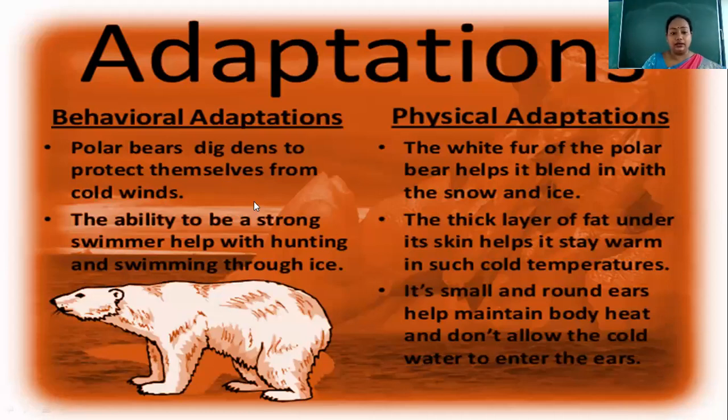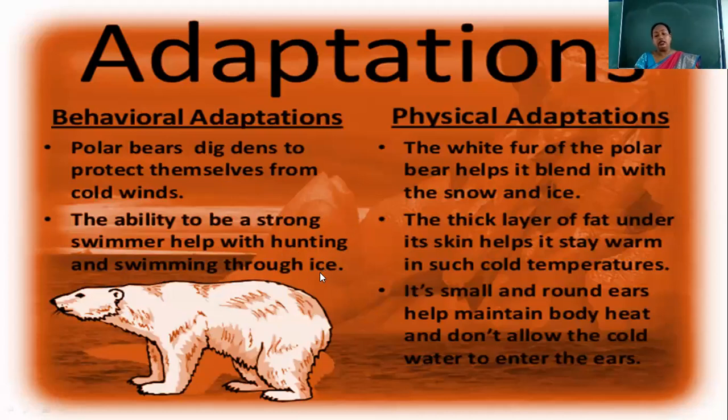and Antarctica. In these places where the temperatures are very low, polar bears are found, and they have a strong ability to swim, and this helps the polar bear with hunting.